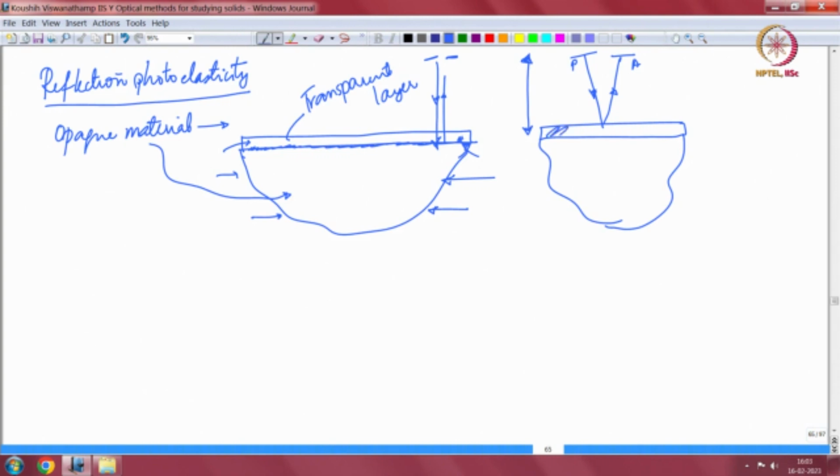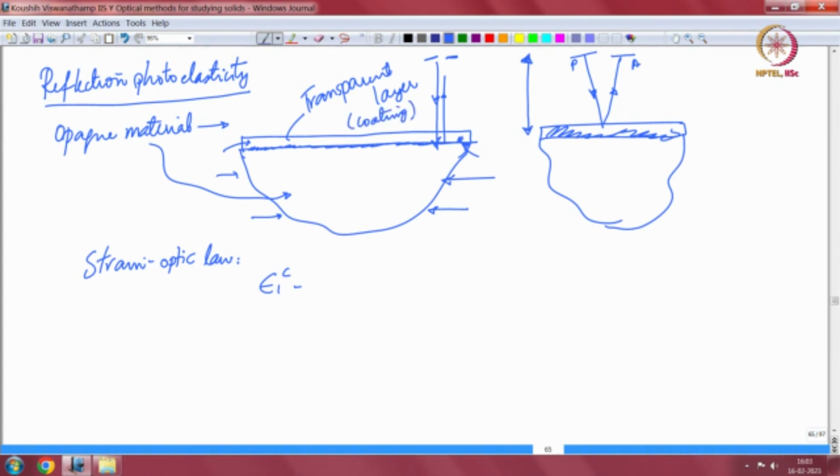You will again get fringes in this material, and the interpretation of the fringes is similar to what you have in the transmission case. Okay. The only small difference: there are quite a few approximations that go into this. Again, I am not going to detail this entire method for you, but there is something called the strain optic law, which is used in this case. So, now you have, this is a layer, let us call this a coating.